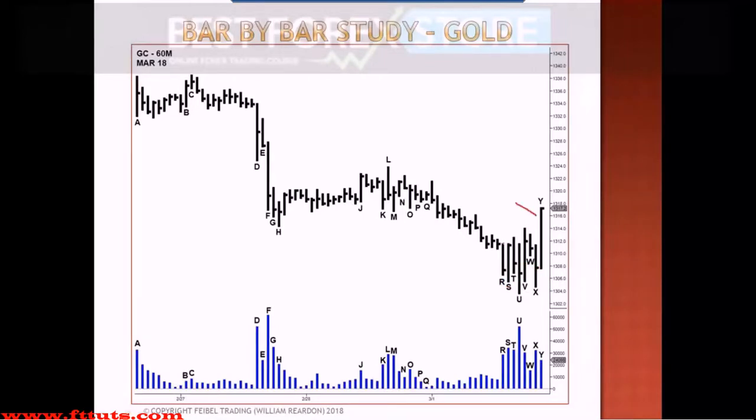And bar Y, boom, smaller than average volume, with the widest spread up bar we can see on the chart, that closes super firm. So with no signs of downside follow through whatsoever, the manner in the way this bar prints is extremely bullish.